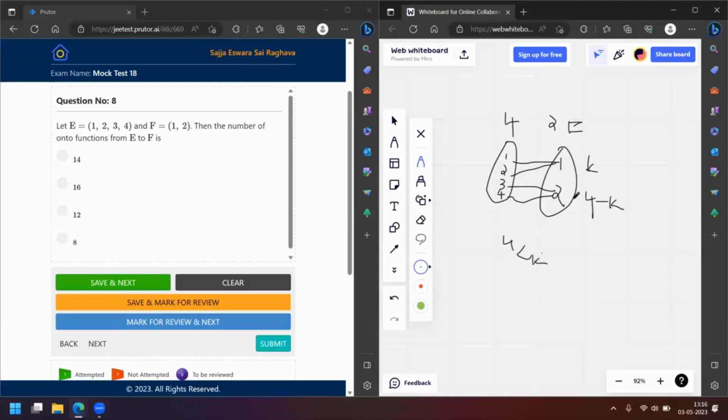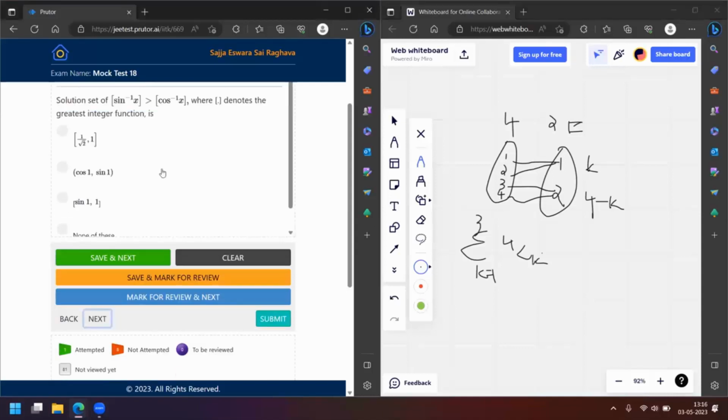If we choose these, the remaining will automatically be assigned to the different value. So we have to find the summation of this for k equal to 1 to k equal to 3. Finding this value will give you the answer.